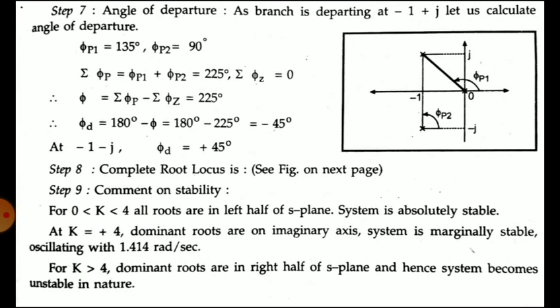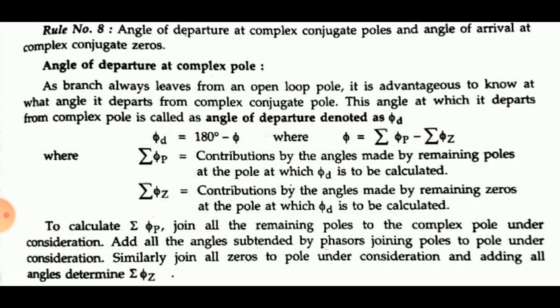Now we have to find the angle of departure, because the roots are complex conjugates. So that is the procedure. How to find the angle of departure is given in this rule.